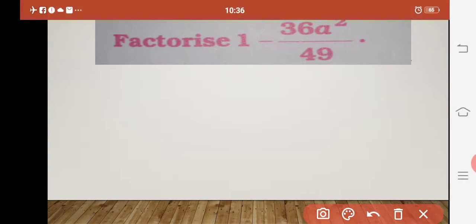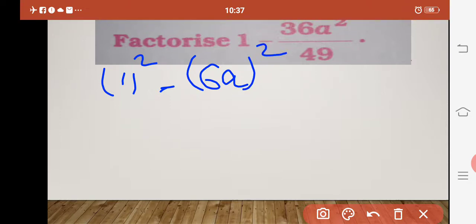So the first example is to factorize 1 minus 36a square upon 49. We know 1 can be written as 1 square. 36 is the square of 6, and a square means a, so if 6 multiplied 2 times we get 36, and a multiplied 2 times we get a square.